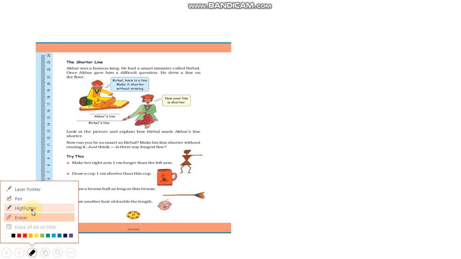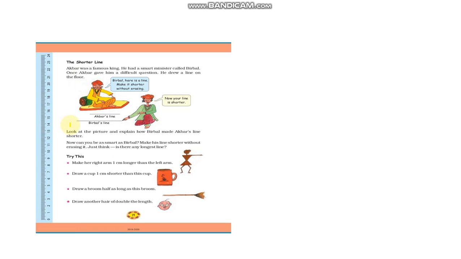Now, how can we make Birbal's line shorter? Think about it, students. See here, I'll be drawing a line which is bigger than Birbal's. So Birbal's line will be very short compared to our line.